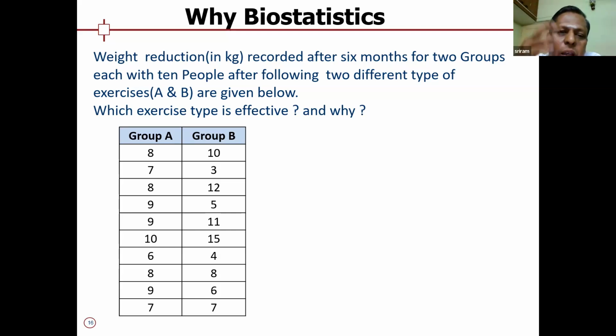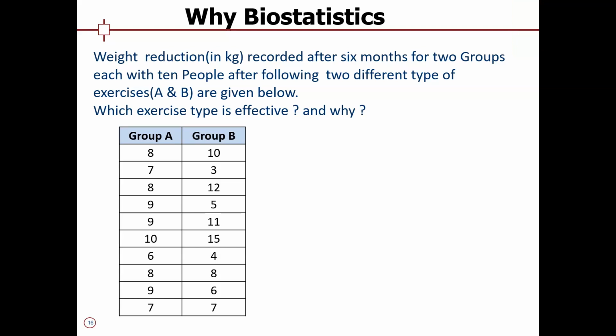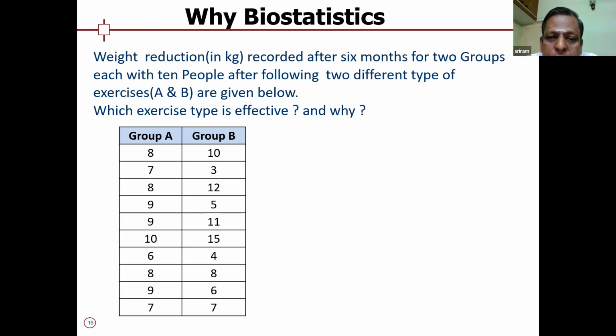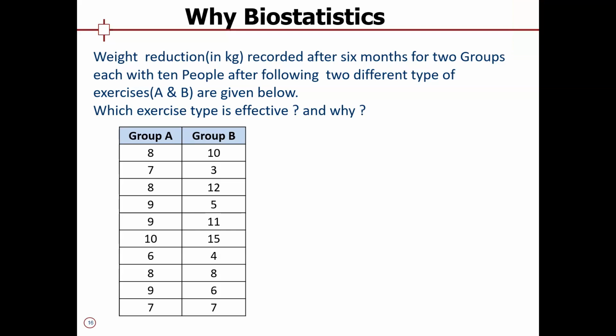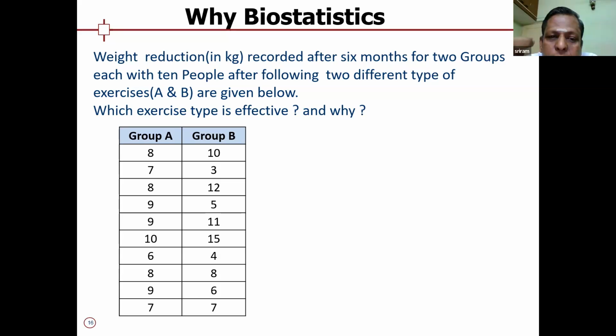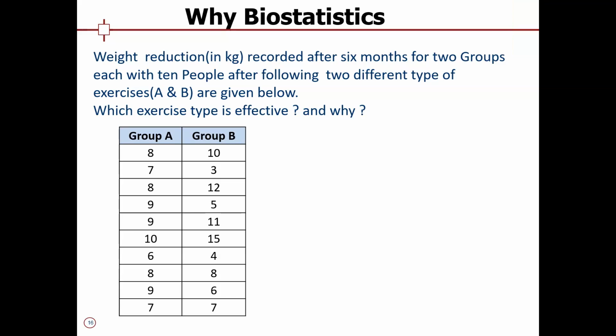But even if you look at it, the average of group A is equal to the average of group B. But group A is more consistent than group B. Exactly, that's right. So the variation is high in group B. So even though the average is equal, we cannot conclude that there is no difference between group A and group B. You have to test statistically.